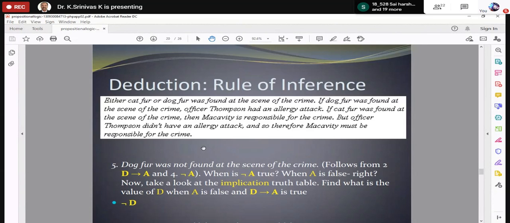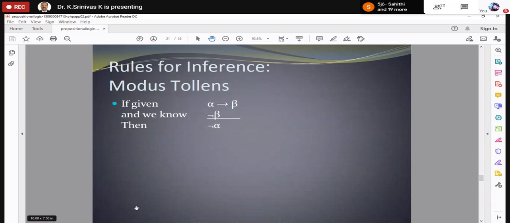So D implies A, or negation A. If the officer is getting the allergy, then it is dog fur. If it is negation of allergy, then it is cat fur. So if the dog fur was not found, then it is negation of D. It is not dog fur. Then that is equal to C.